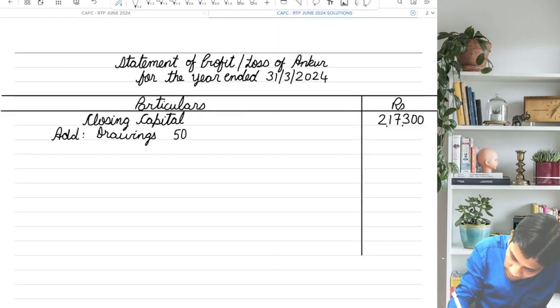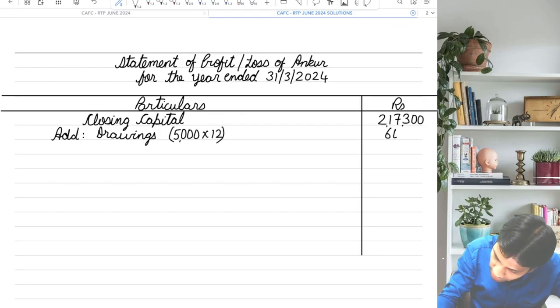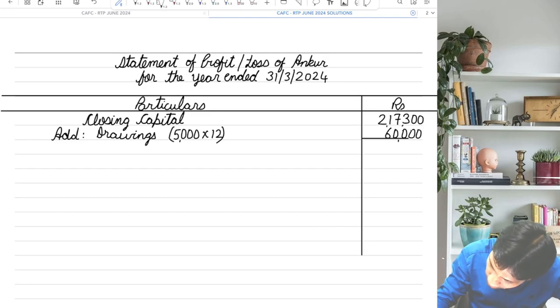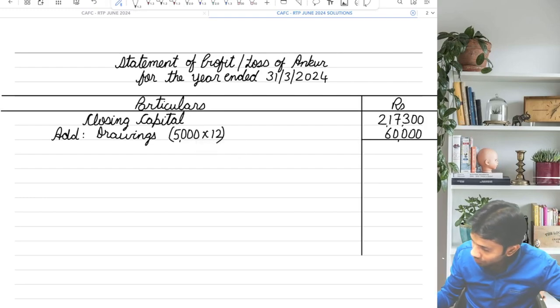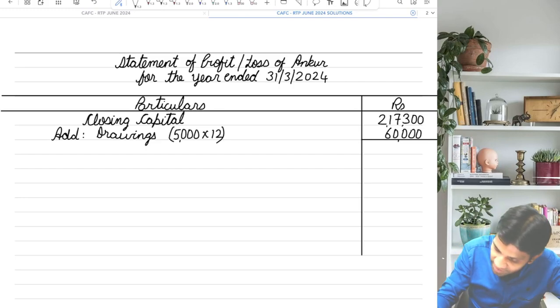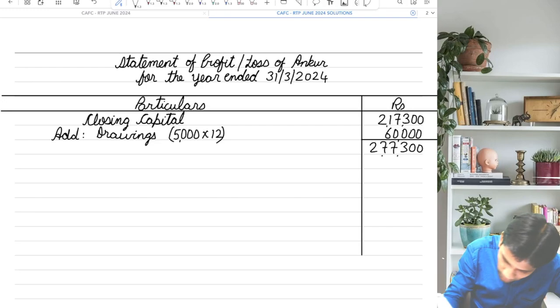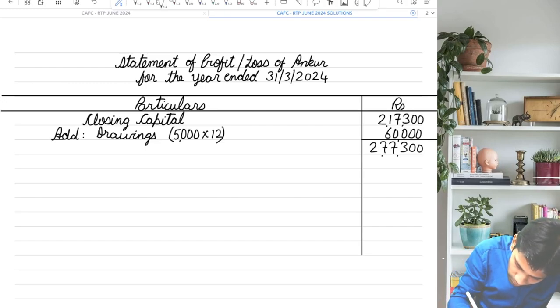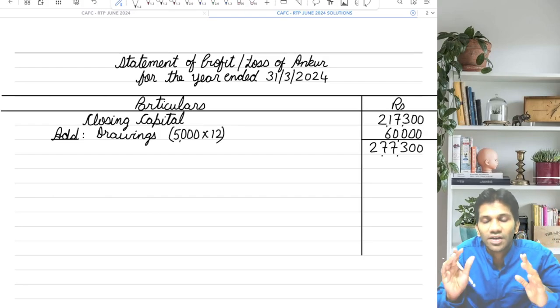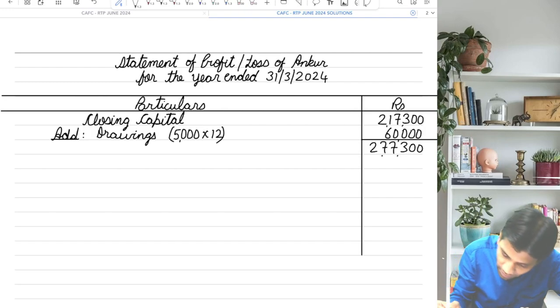So 5,000 into 12, 60,000. We'll take the grand total down. 2,17,300 plus 60,000 is 2,77,300. Add drawings. We don't have interest on drawings. If interest on drawings was there, then we would have added it back.